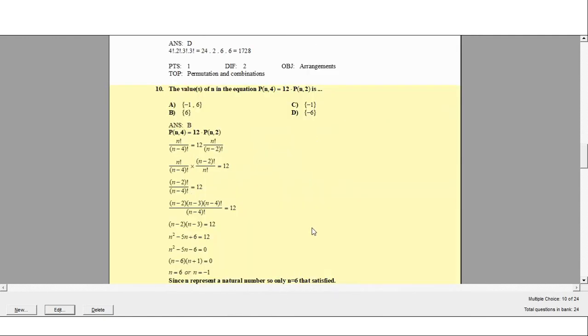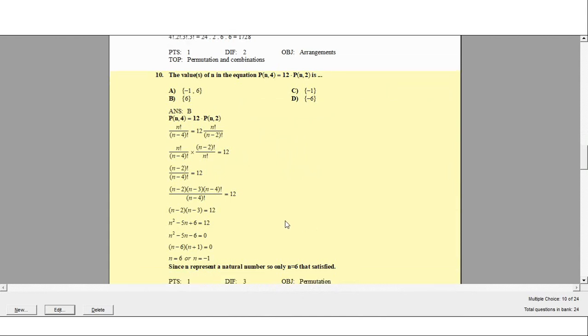Okay. For number 10, this question is about permutation. Find the value of n in the equation P(n,4) equals 12 times P(n,2). So here remember P represents permutation.